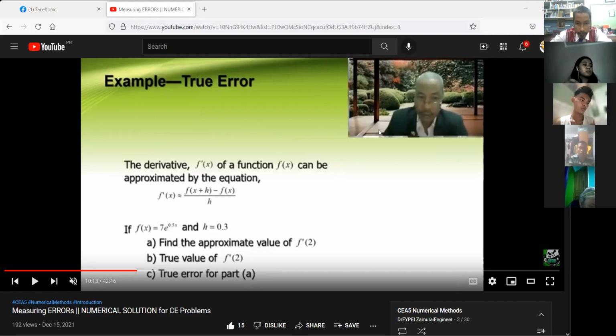Let us do the practice. f(x) is equal to 7e raised to the exponent, and the exponent is 0.5x.